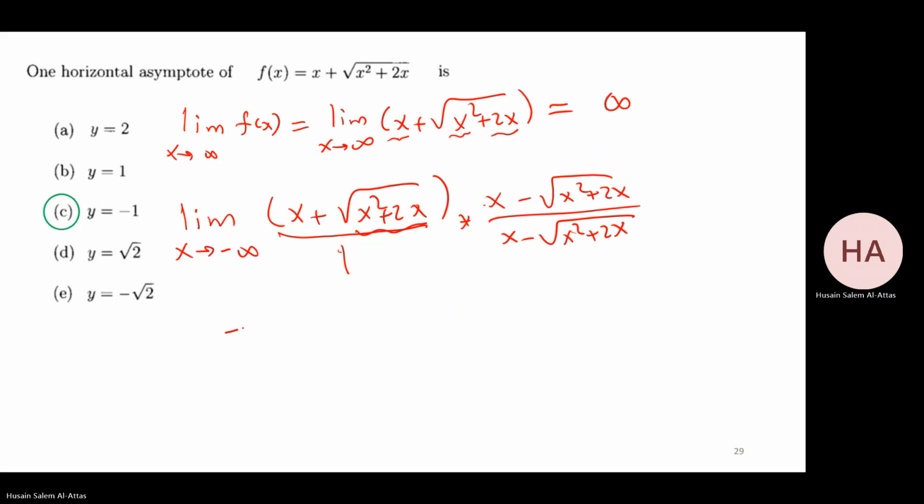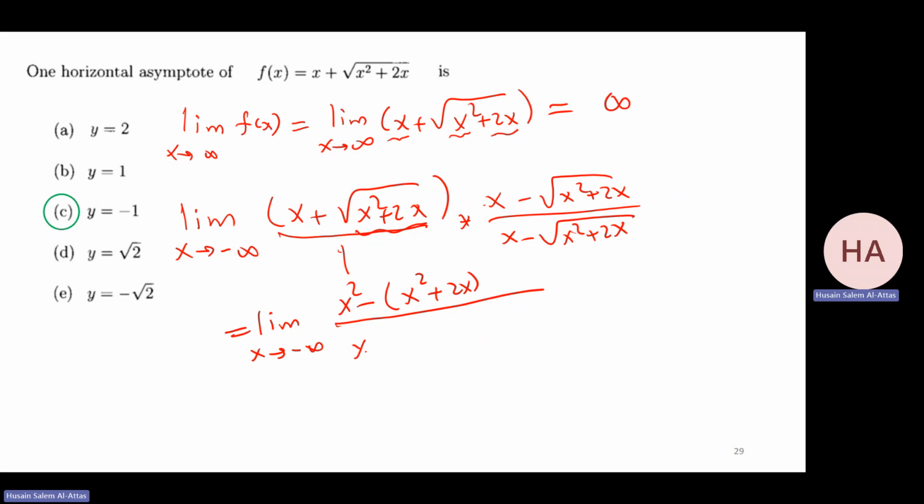What you will get? The limit as x goes to minus infinity of x squared minus, in a bracket, x squared plus 2x. Over x minus, here I can take x squared common factor. I'll do it now, 1 plus 2 over x, to save time.